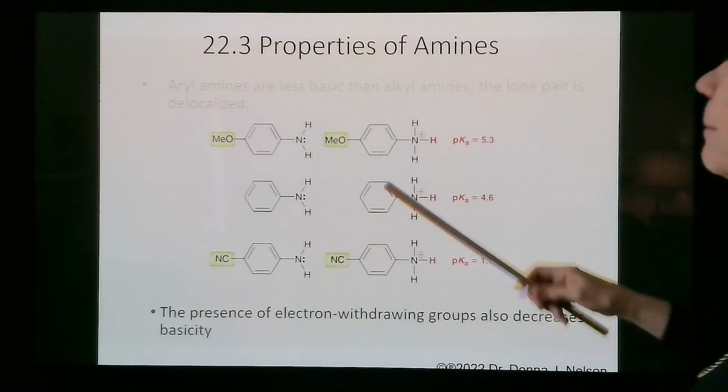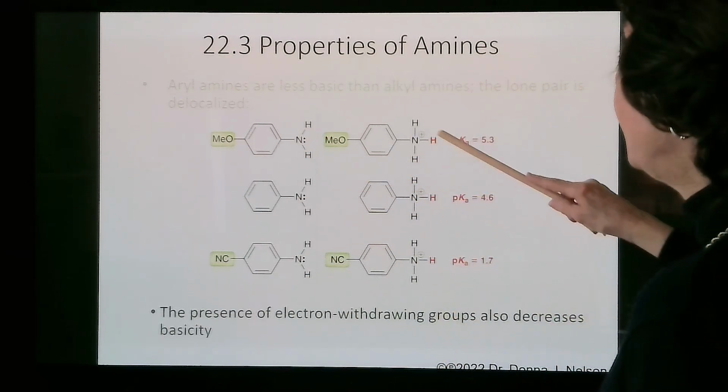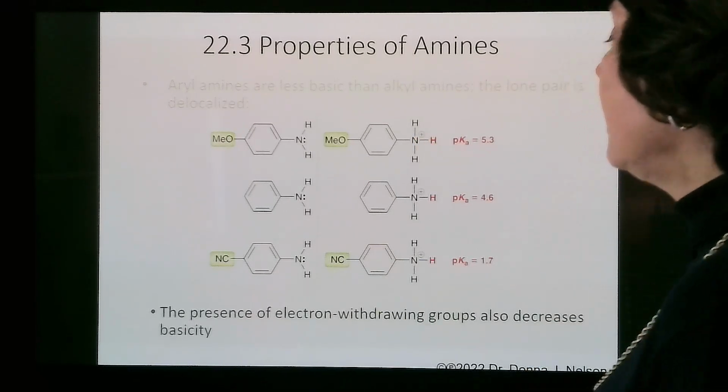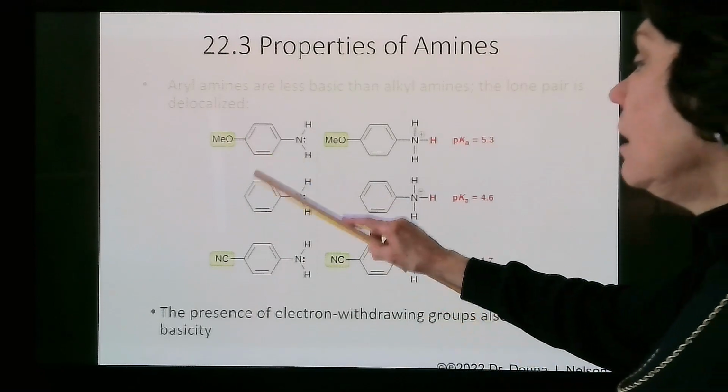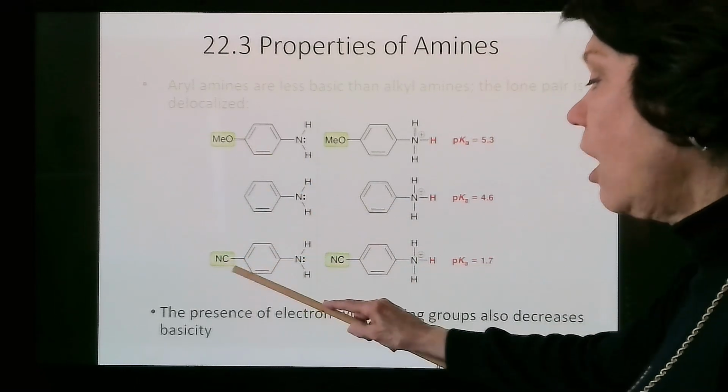And so it makes this pair of electrons more available to participate in bonding a proton. And so here, cyano, on the other hand, is electron withdrawing.